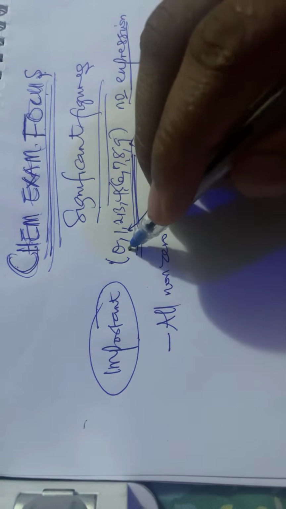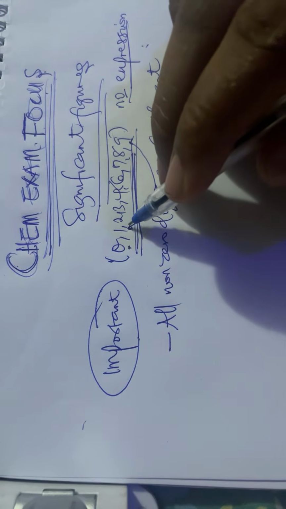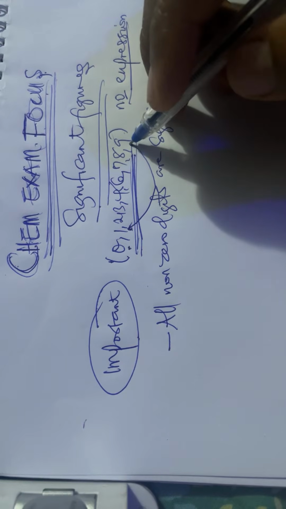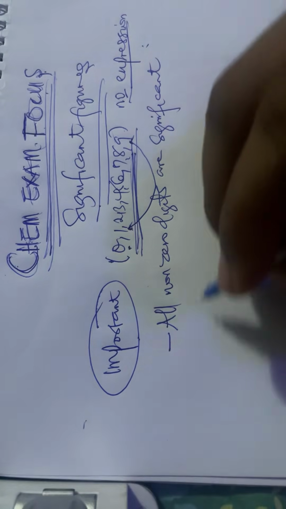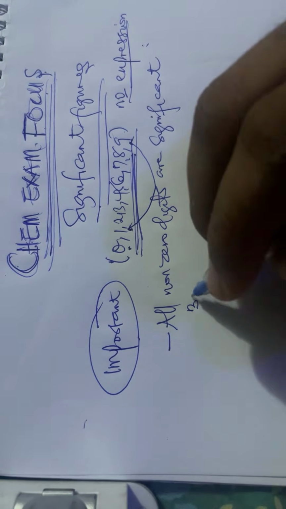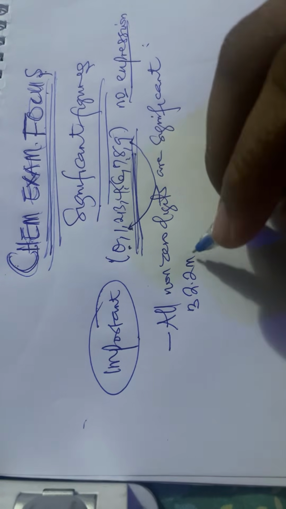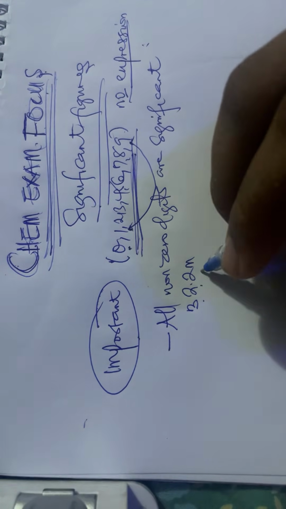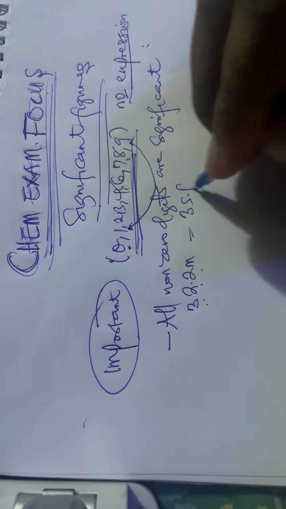Although there are cases where zero can be significant, there is no case where numbers from 1 to 9 are not significant. So for instance, if we have 32.2 meters, this value has three digits that are not zero, so it means that we have three significant figures here.